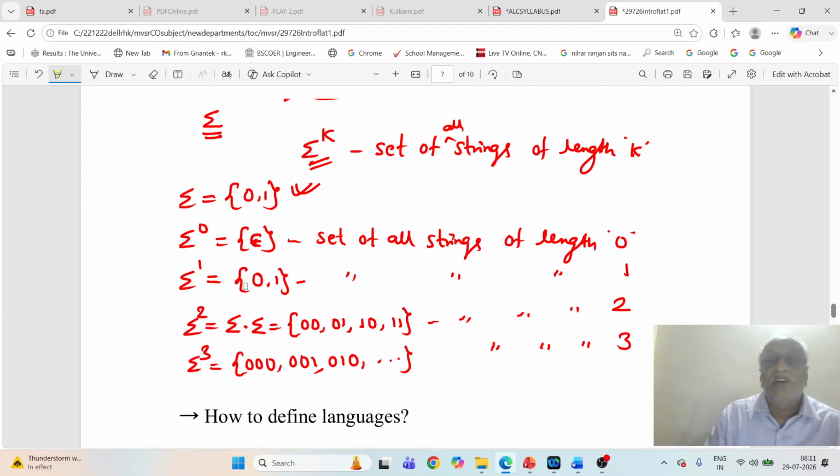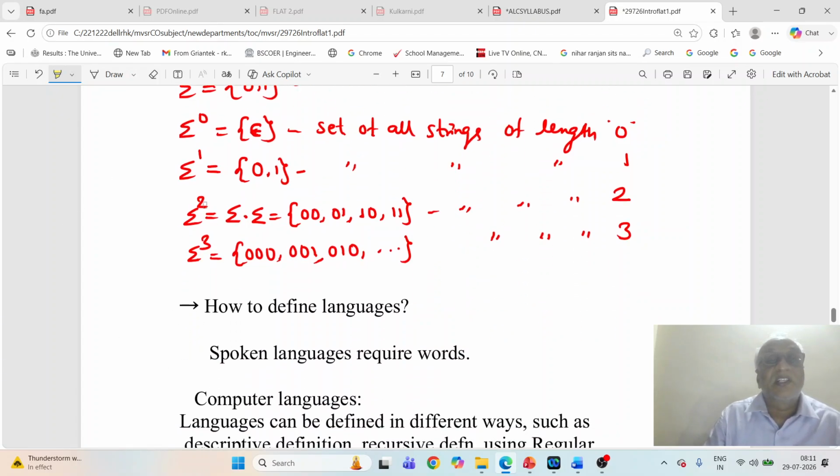Sigma to the power of 1, set of all strings of length 1. Sigma to the power of 2, set of all strings of length 2. Sigma to the power of 3, set of all strings of length 3, like that.